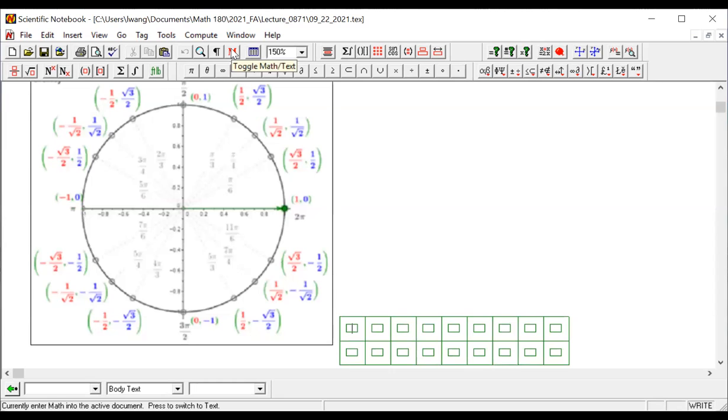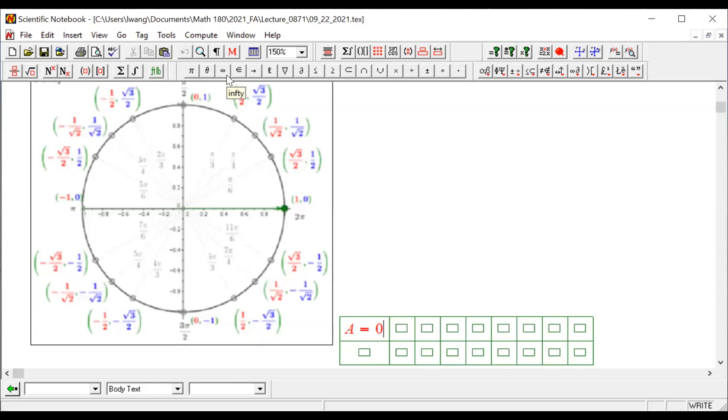When A is 0, what is the terminal when A is 0? The terminal is here, right? That's A is 0. Many angles: 0, 2 pi, 4 pi, 360, 720, and so on and so forth.